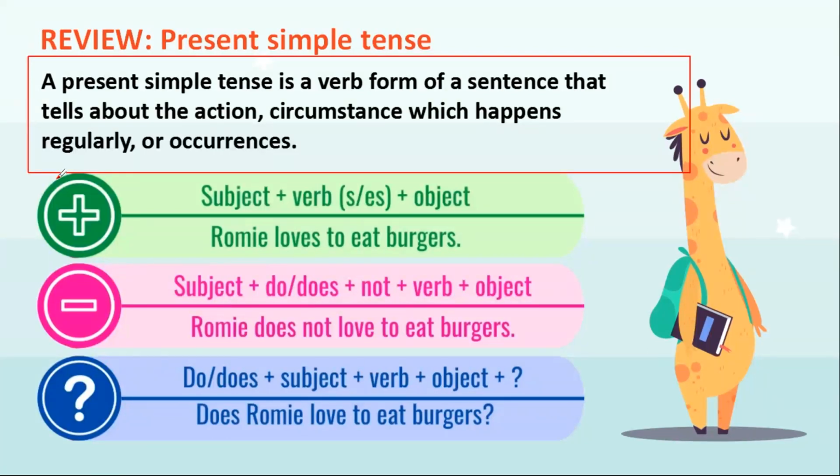So now, Kim, we have here the form. When you see this plus sign, what is this sentence? It's subject, verb plus s/es, object. Romy loves to eat burgers. Okay, when you see this sign, this is what we call affirmative.